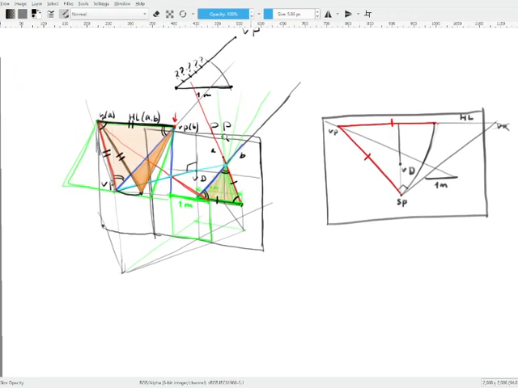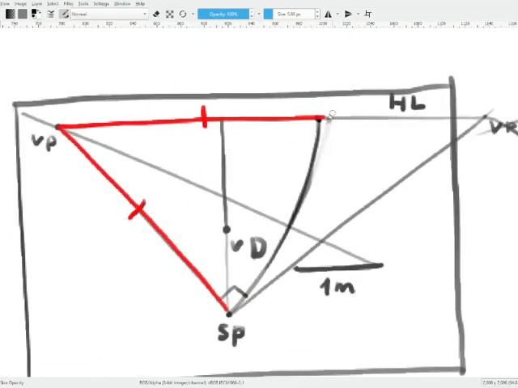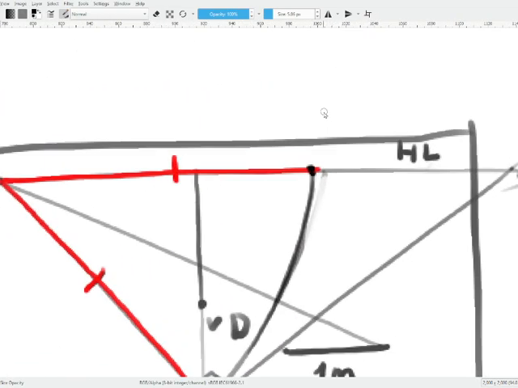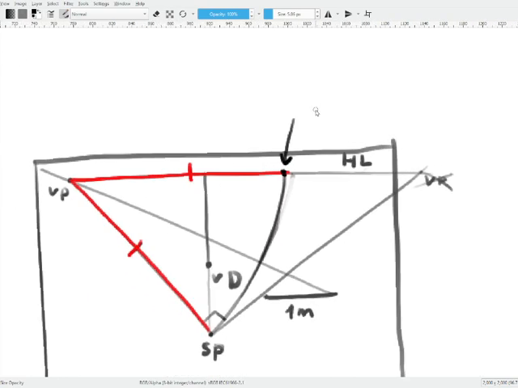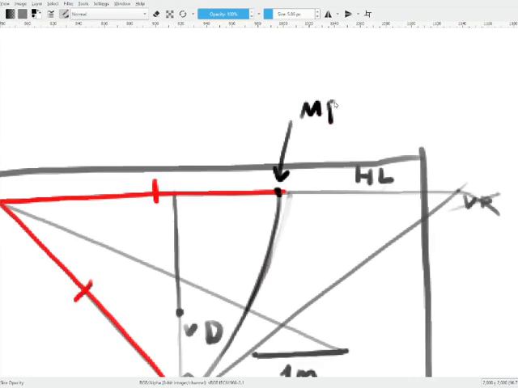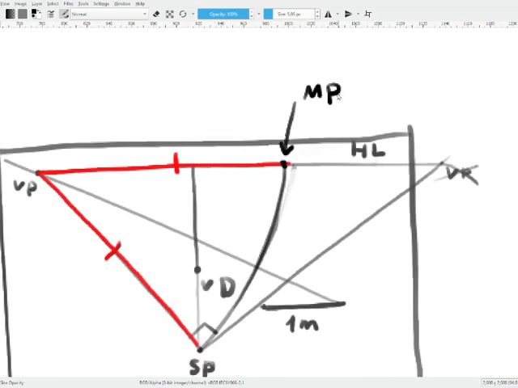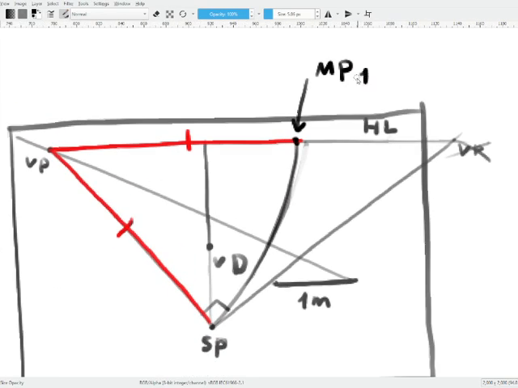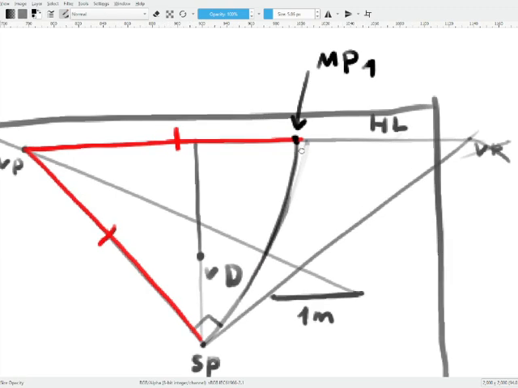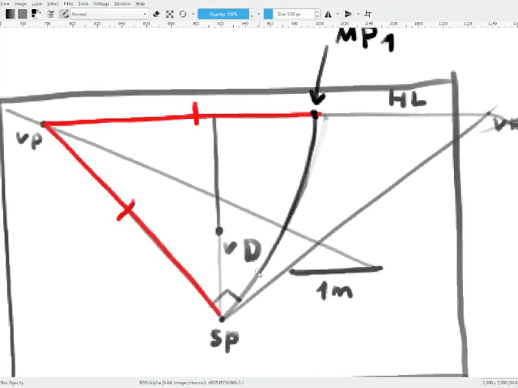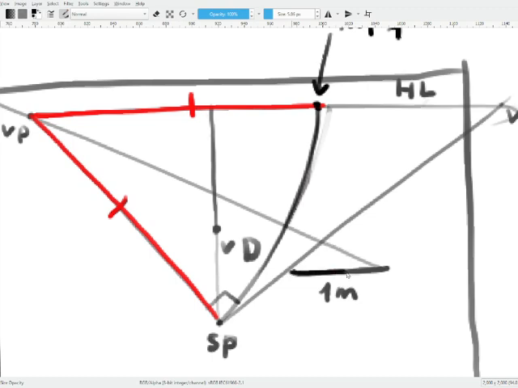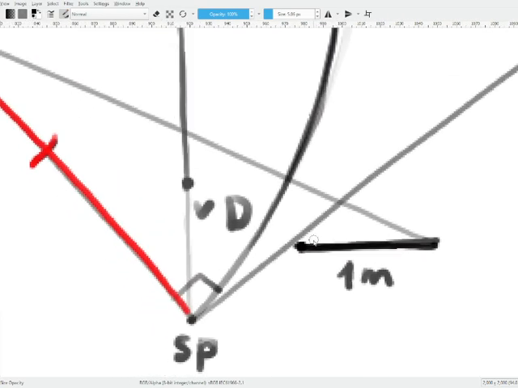And now we obtained this vanishing point B, which is usually called a measuring point. You can, for example, say that it is measuring point 1. And finally, we can use this 1 meter long line.